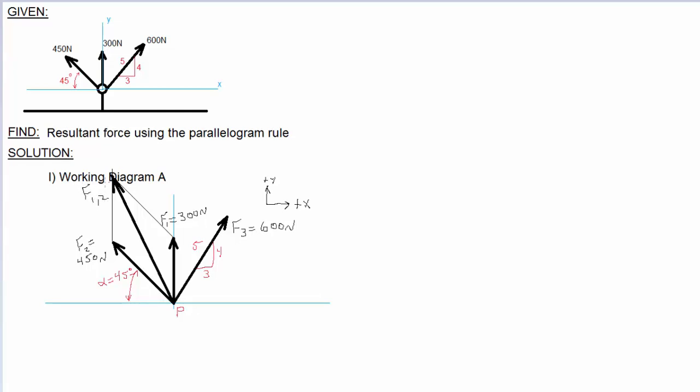I'm not going to call it FR because that's not the resultant of the problem. I save FR to be the variable that I label the actual final answer with. Now, in addition to labeling those forces, I also need to add some other variables here. So this angle here between F1 and F2, that's beta, and that's also 45 degrees.